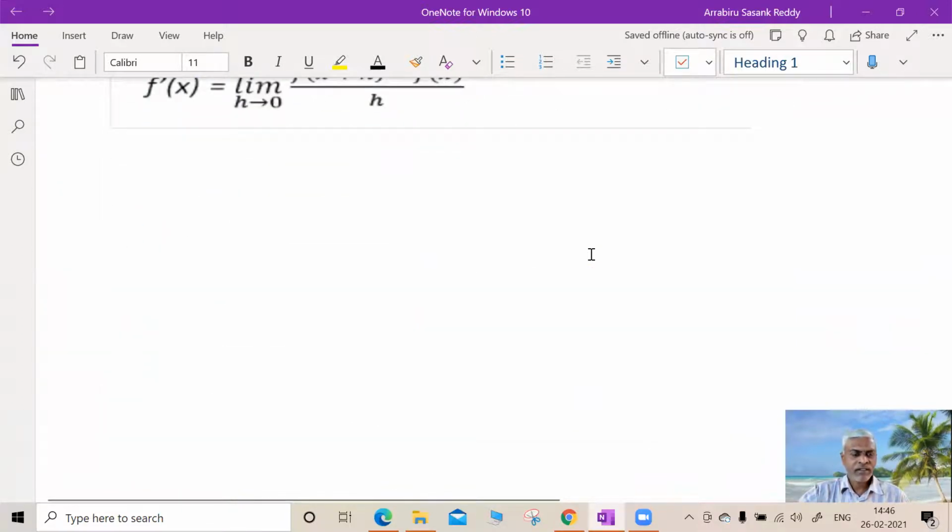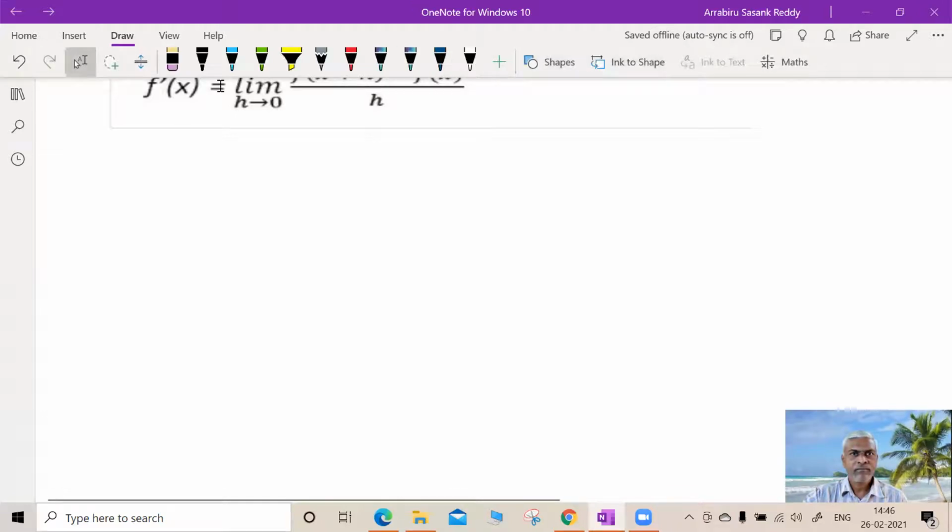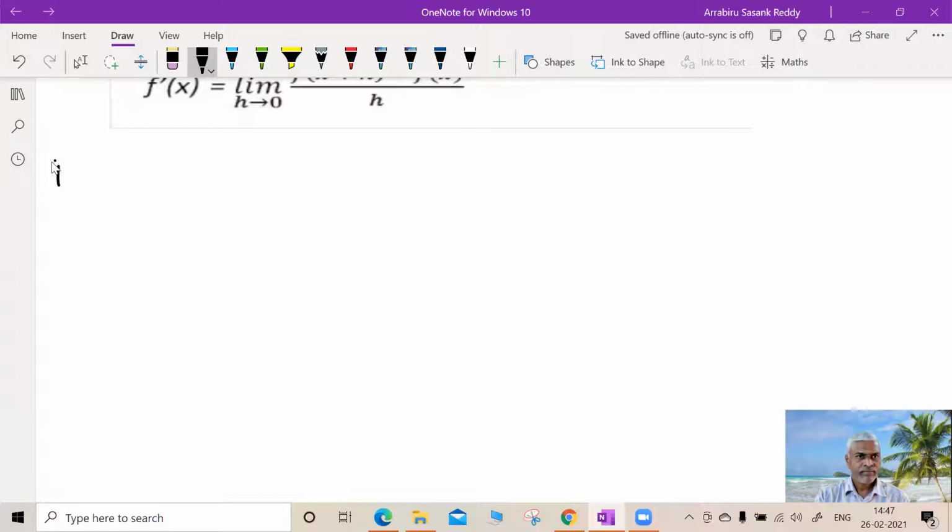Now let us solve some problems from the exercise. Find the derivatives of the functions.